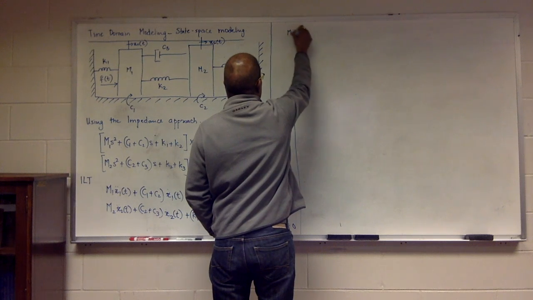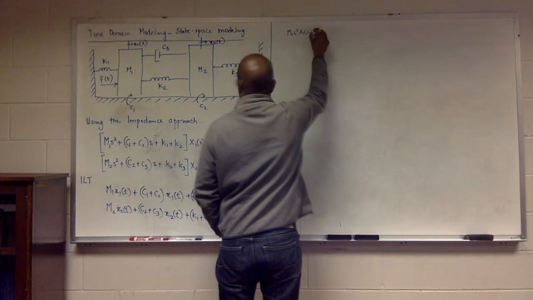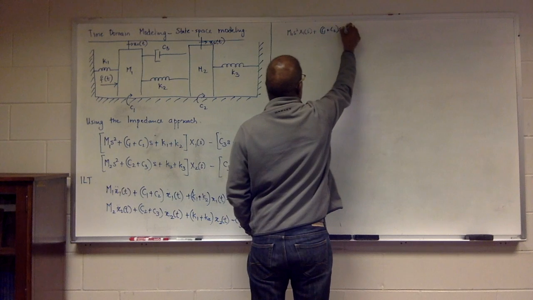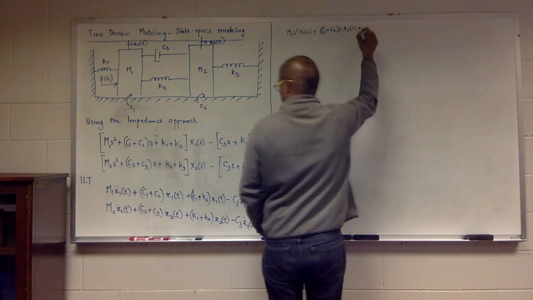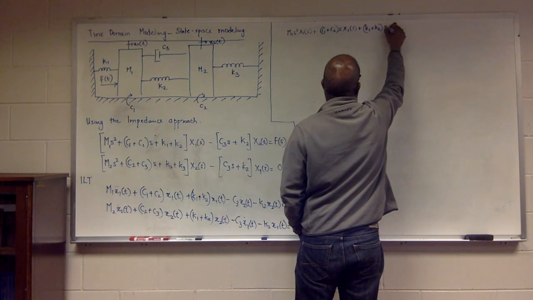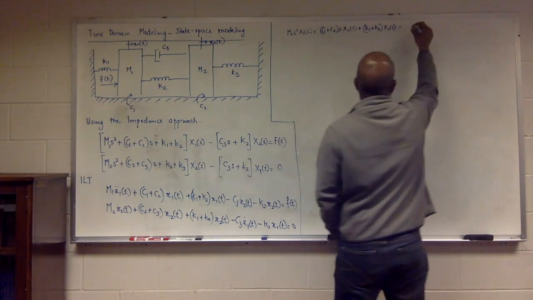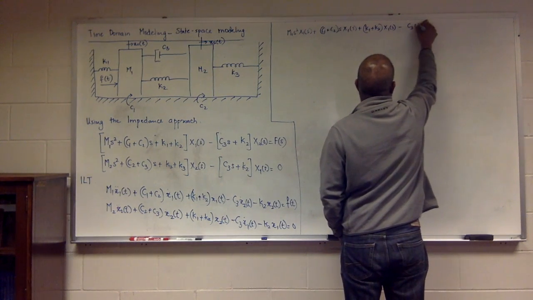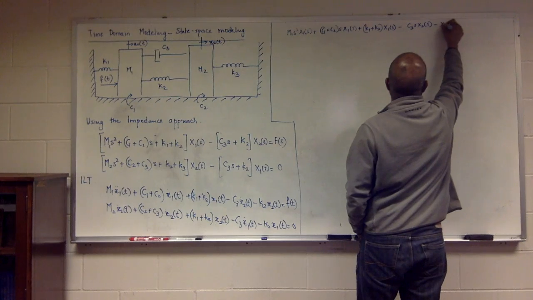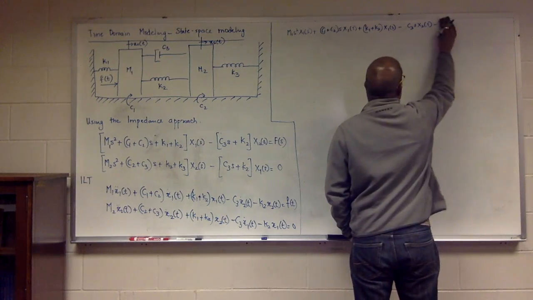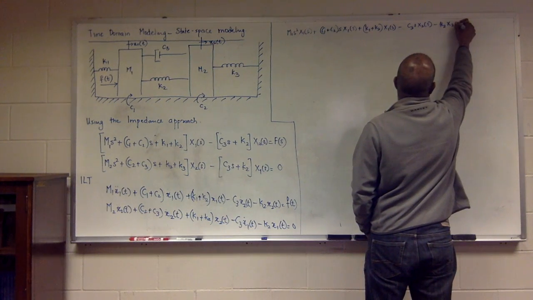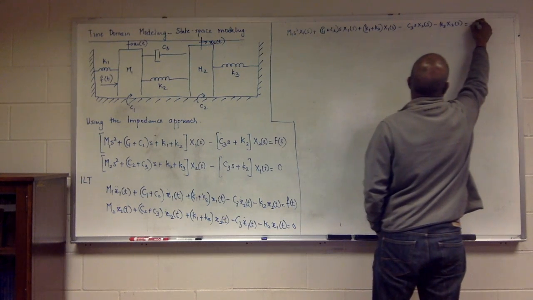So what do you have? You have m1 s square x1 of s plus c1 plus c2 s into x1 of s plus k1 plus k2 x1 of s, minus c3 s x2 of s minus k2 x2 of s equal to f of s.